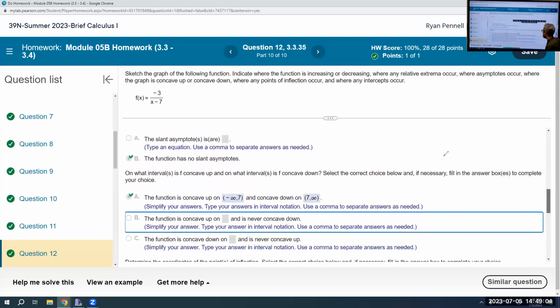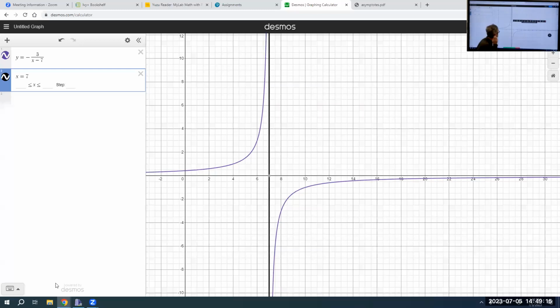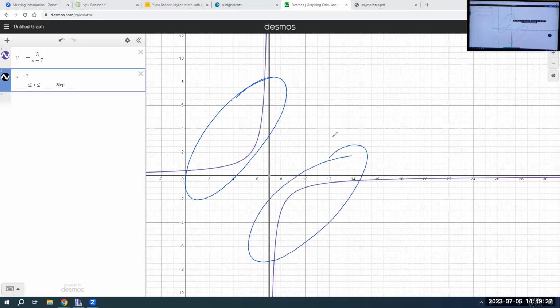On what intervals is it concave up? On what intervals is it concave down? Let's look at the graph and see if we can just tell from the graph. So here, what does that look like? Looks kind of like concave up. Here, looks kind of like concave down to me.